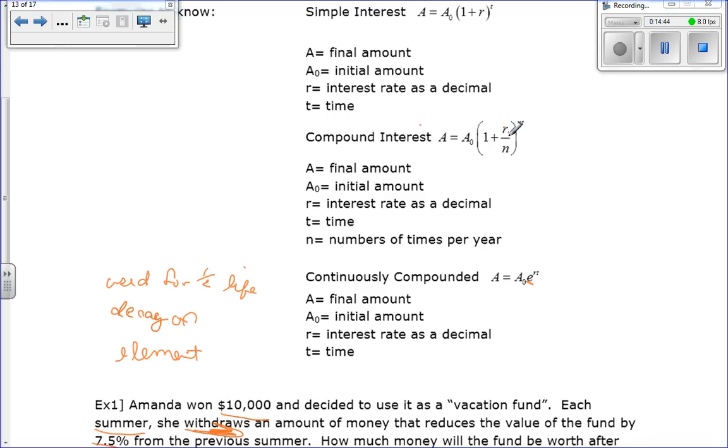You must divide r by n first, whatever your rate is divided by the number of times per year you are compounding your interest. Whatever that value is, plus 1, and then you have the nt. So you have to do the work inside first: divide, add 1, multiply your exponent, then raise to the exponent and multiply it by the initial amount.